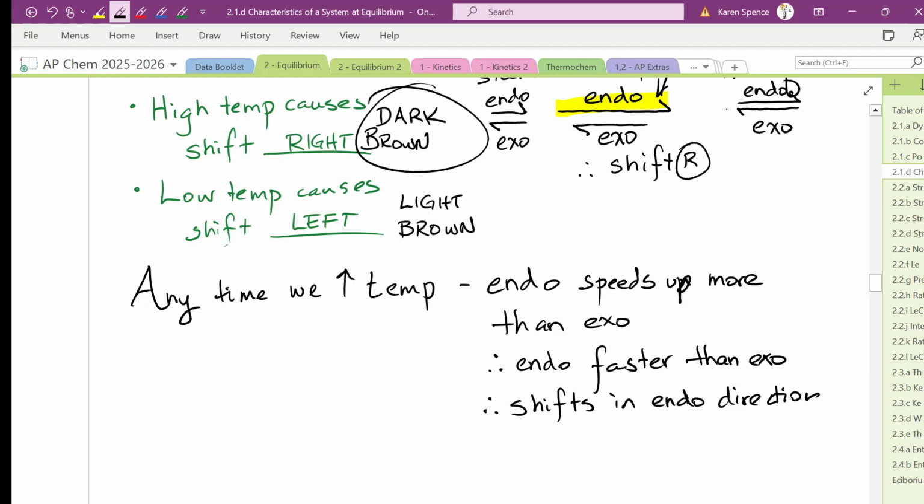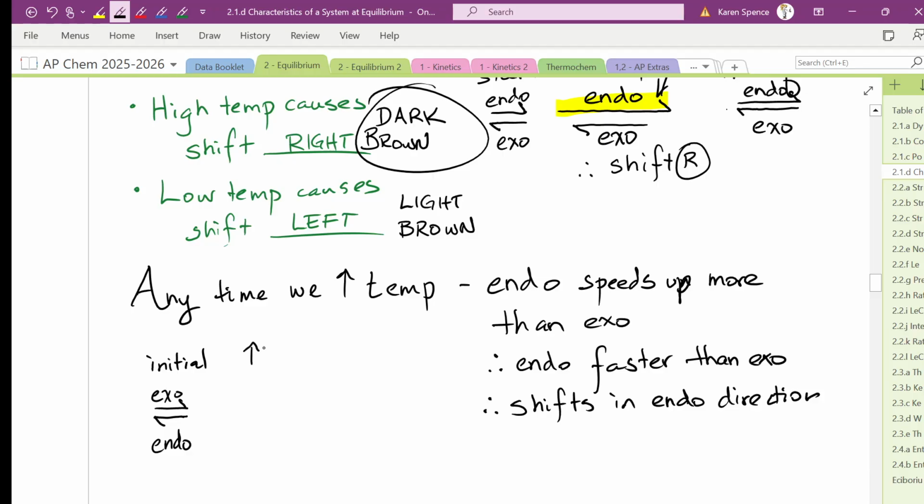So let's say, just so we have a counter example, let's say we had our initial equilibrium, right? And let's say that the backwards one is endothermic this time, and the forwards one is exothermic.